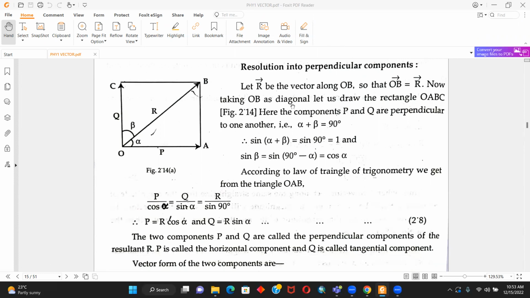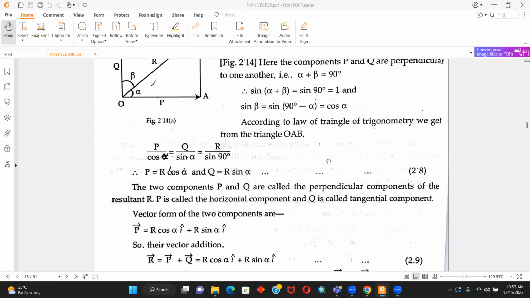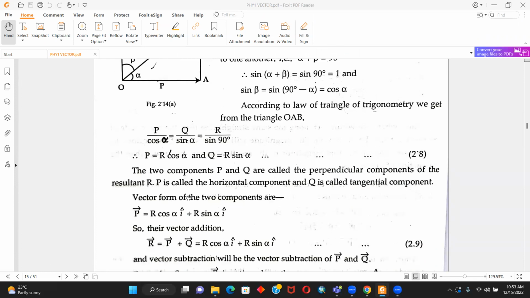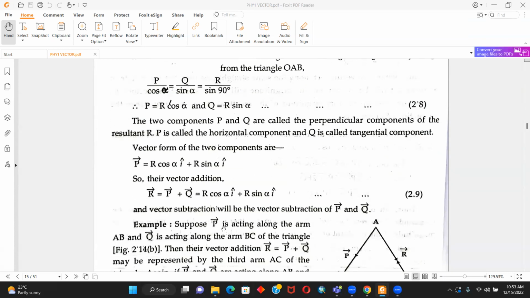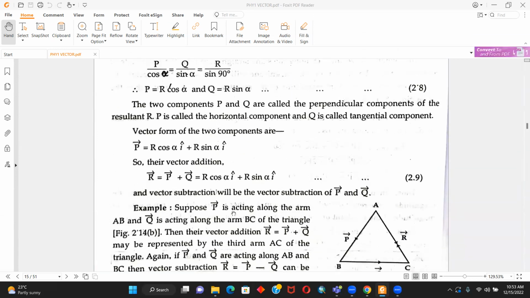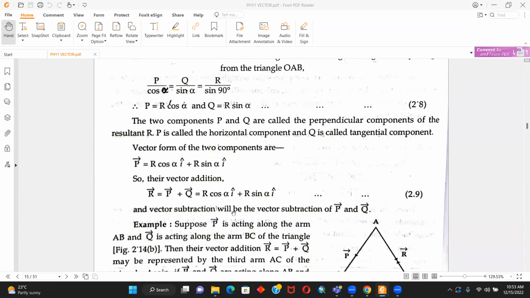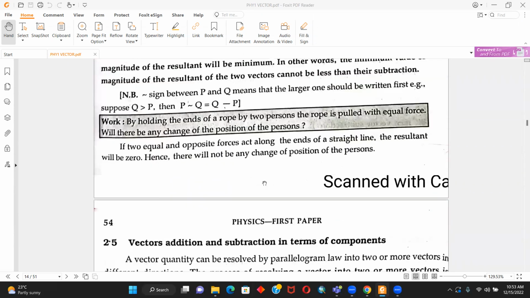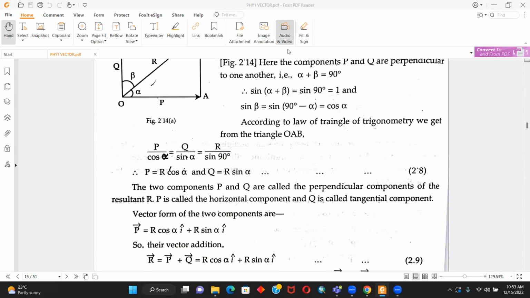Okay. So there are a lot of theoretical things written here, but it is not needed for you. And see, what is I hat here? What does this I hat mean? I hat is a unit vector. And we have read about the rectangular coordinate system, I forget the English term.